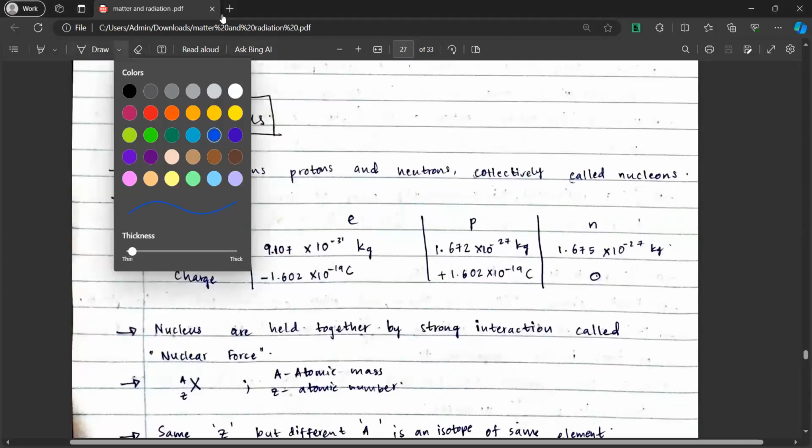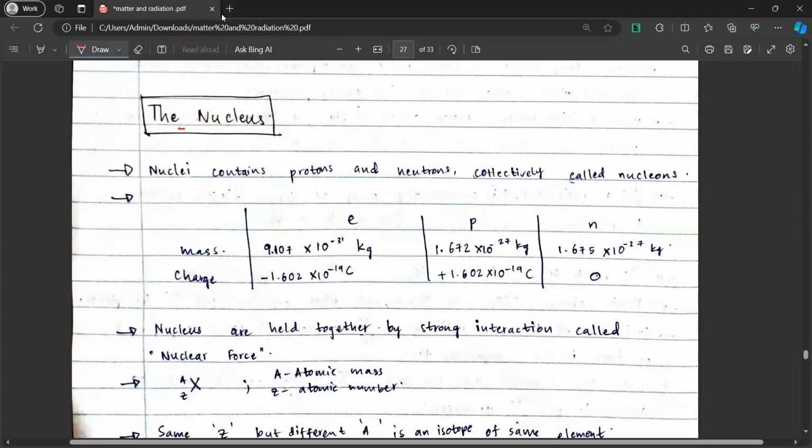We already know this. When we consider the nucleus, it contains protons and neutrons, and collectively we call them nucleons. We have studied this in our chemistry.